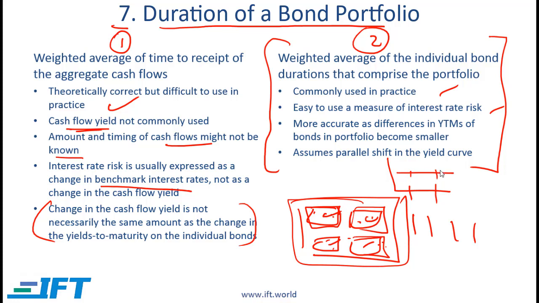If this happens, then the approximate method gives an answer that is quite close to the theoretically accurate method. In fact, with a flat yield curve, the two methods will give the same answer. Also, this method assumes a parallel shift in the yield curve. In other words, it assumes that if you have a given yield curve and there is a change in interest rates, then the change in interest rate is the same across different maturities.